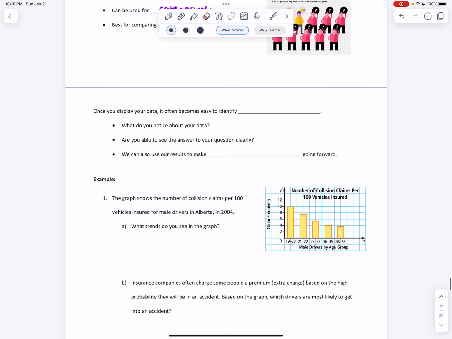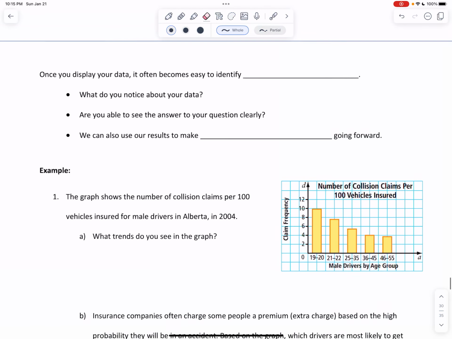Now, once we've displayed data, the other piece to that is to analyze that data. Again, we are trying to display that data and identify patterns and trends so that we could later use our results to make predictions going forward.